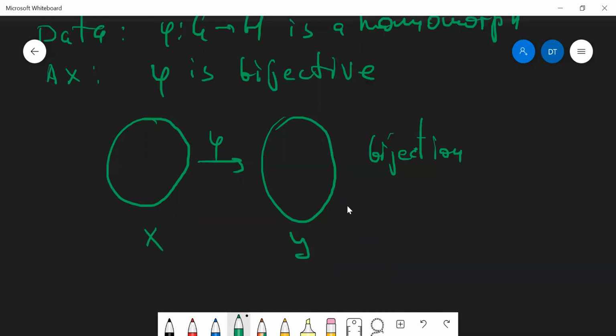So a bijection means that each element here has a unique element here. So we have this one-to-one correspondence. But how should you think about this? You may think that X is a set of names for your elements.